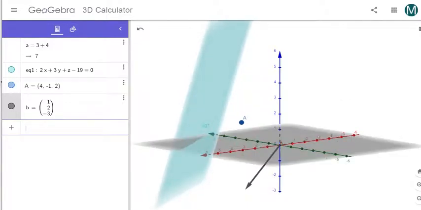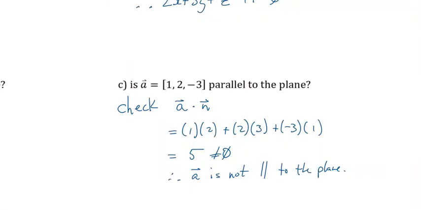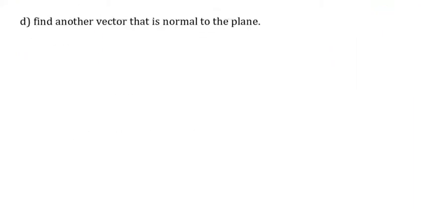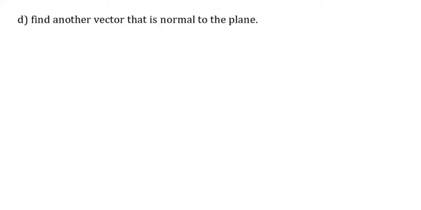Find another vector that is normal to the plane. How are we going to do that? Dot what? With A. A is not parallel to the plane, though. Oh, with N. If I found a vector that had a dot product with N that was 0, it would be perpendicular to N, parallel to the plane.